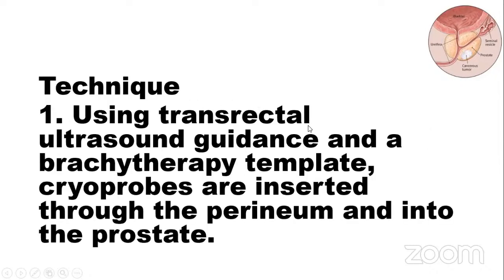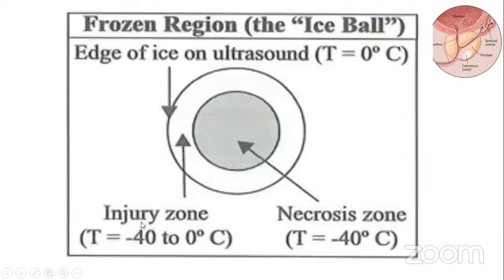Technique: using transrectal ultrasound guidance and brachytherapy templates, cryoprobes are inserted through the perineum and into the prostate. This is the frozen region, the ice ball. As you see here, this is the injury zone.